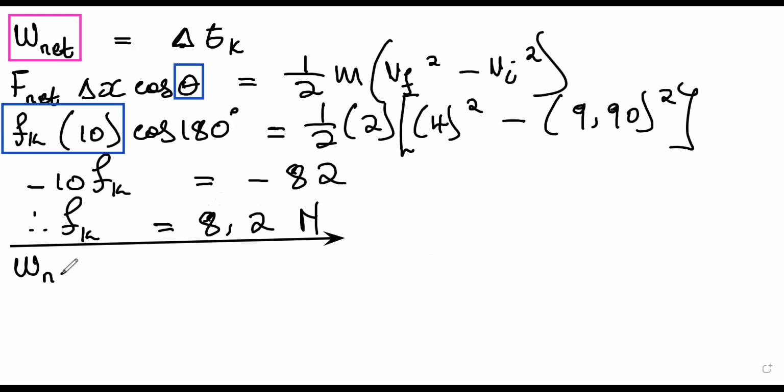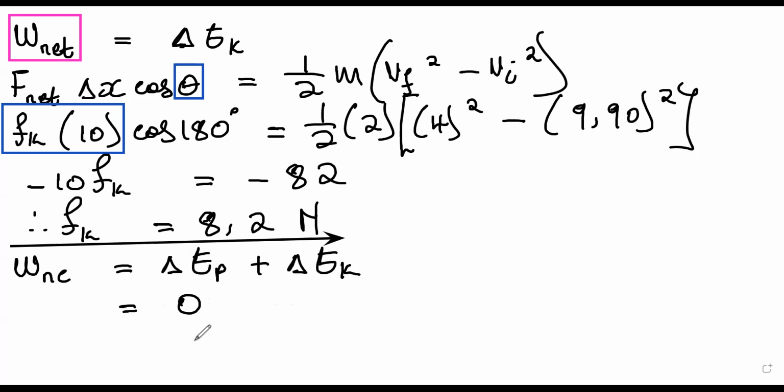Alternatively, you could have said the only force acting on this box as it is sliding from Q to R is the frictional force, which is a non-conservative force. Then you say the work done is equal to the change in potential energy plus the change in kinetic energy.